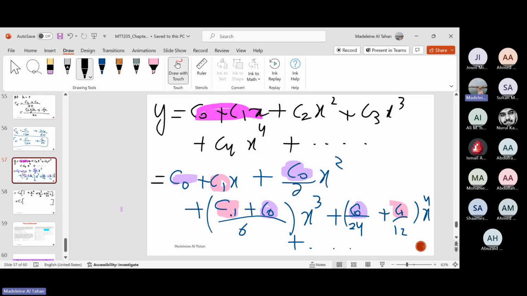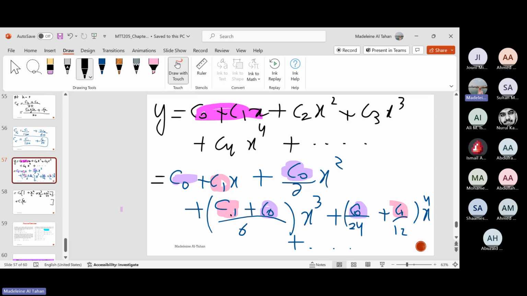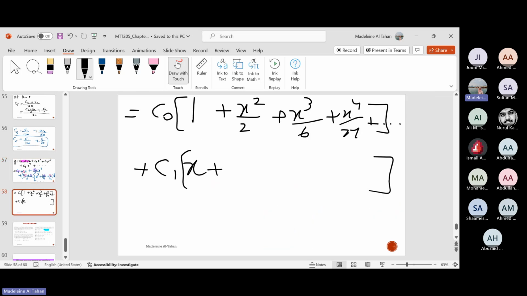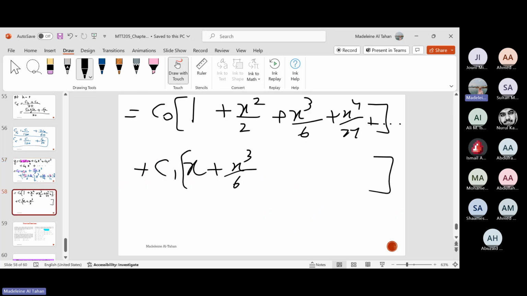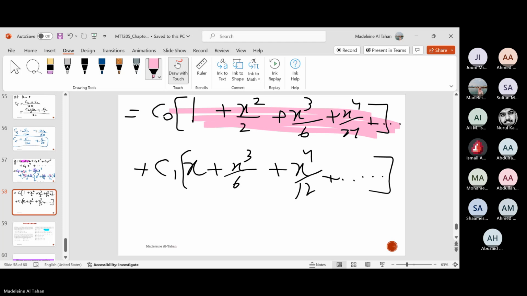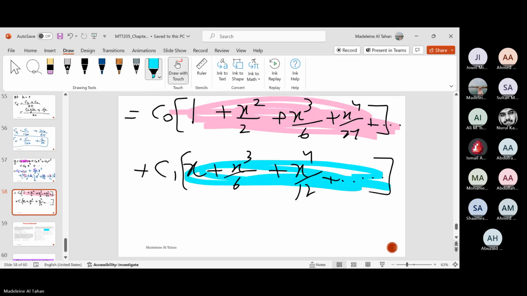Now, for C1, from here we will get x first. From the second, we will get x cubed over 6. From the third, we will get x to the fourth over 12. So this one is our y1, and this one will be our y2.